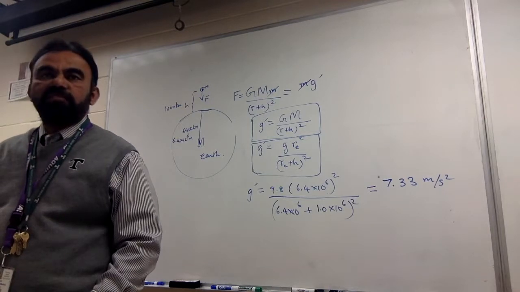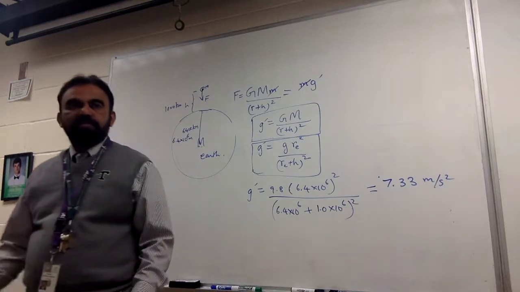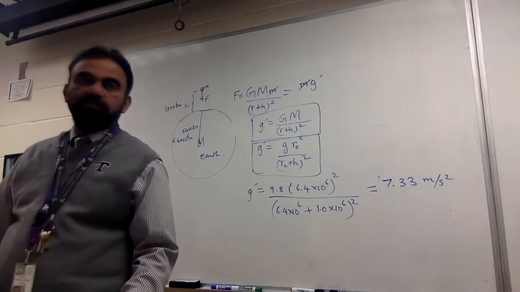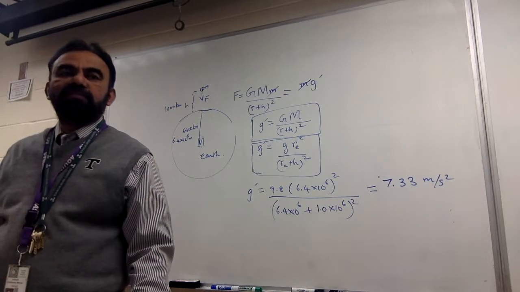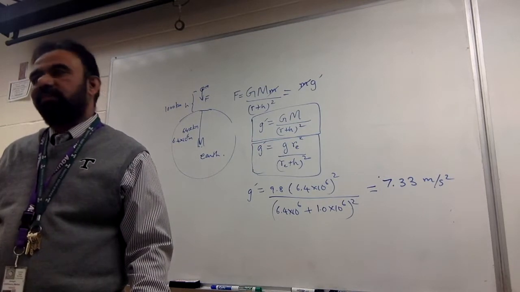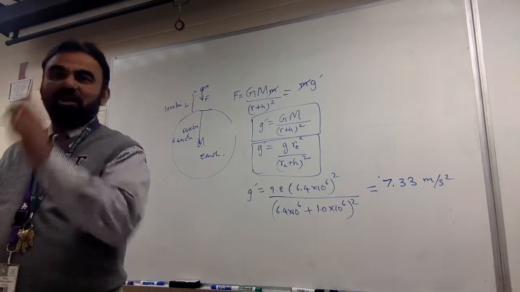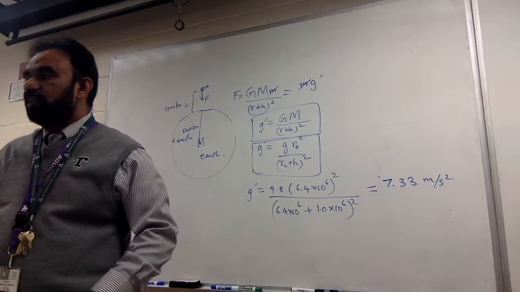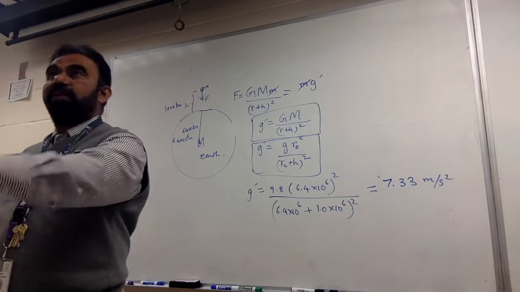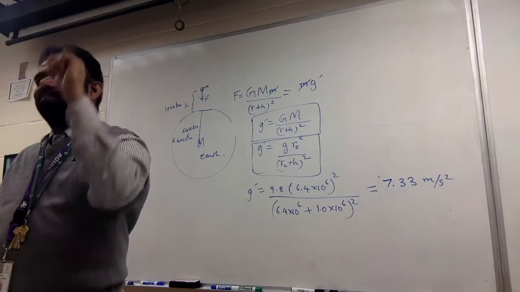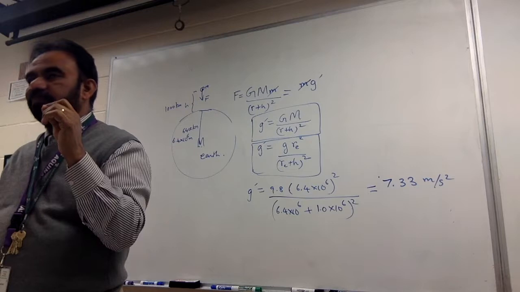Do the same calculation with 10 kilometers instead of 1,000 kilometers. 9.76. See, it's very close. If you're getting 9.76, that's reasonable. So gravity here is 9.8, and at 10 kilometers height it's 9.76, slightly off, but not greatly off.